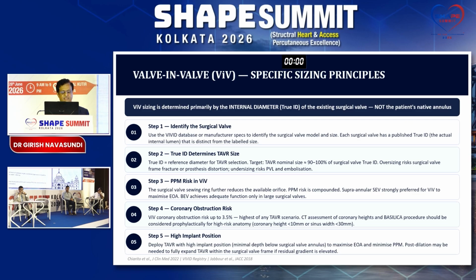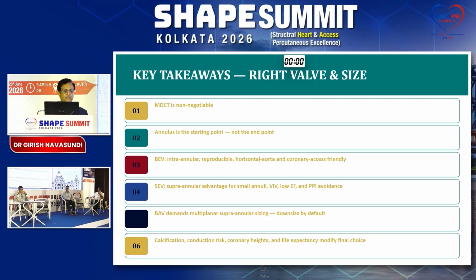That's why you need at least a VTC of 4 millimeter or more. Don't be very, very close. Otherwise, always protect the coronaries. And higher implant is important when you have a very small previous valve. Get it slightly higher, maybe 2-3 millimeter. Don't get too deep.